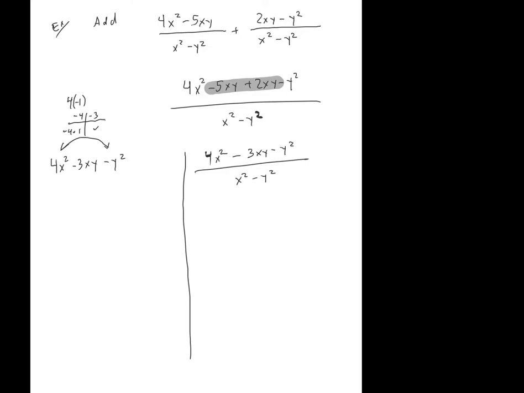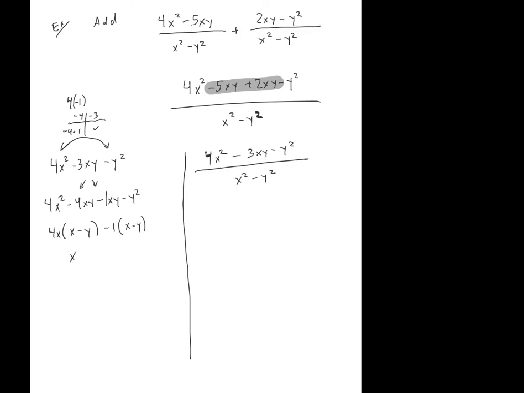So we factor this as 4x squared minus 4xy minus 1xy minus y squared, and then you do your factor by grouping. But just to save some time, I'll just show it in factored form. We pull out a 4x, leaving us with x minus y. Here, pull out a negative 1, leaving us with x minus y.